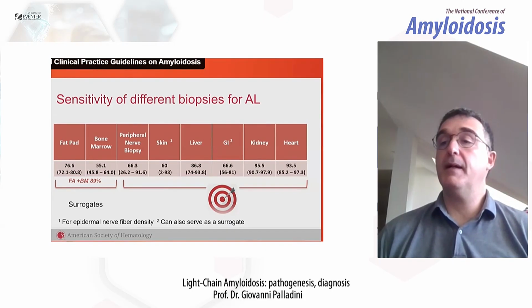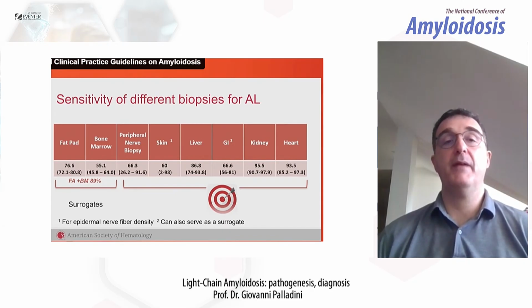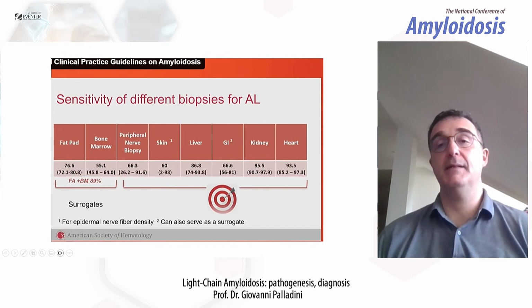This differs from center to center, so you should not impose a biopsy type on your pathologist. For hematologists, the combination of abdominal fat aspiration and bone marrow actually reaches a rather high sensitivity, almost 90%. But you should not hesitate to go for organ biopsy.